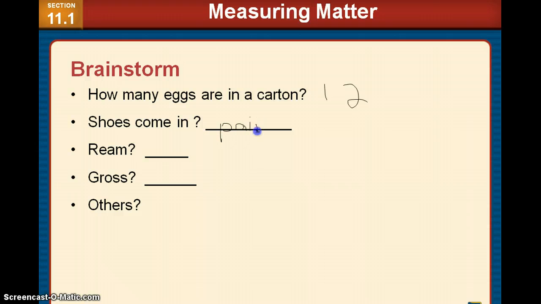A ream of paper is what we would get out of the office. A ream is like, I think, 100. A gross is, I don't know, we'd have to look it up. But they all have measurements for how much these things represent. A ream is actually 500, and a gross is 144. If you look at page 309, they describe some of those. But that's how we are going to look at things when we look at a mole.